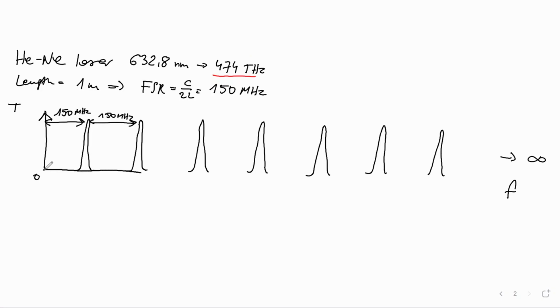We can say that we give some break here, so we skip to the terahertz region. So we are now around 474 terahertz, right? So we are at the mode number million something, because we are far away on this scale from 0.